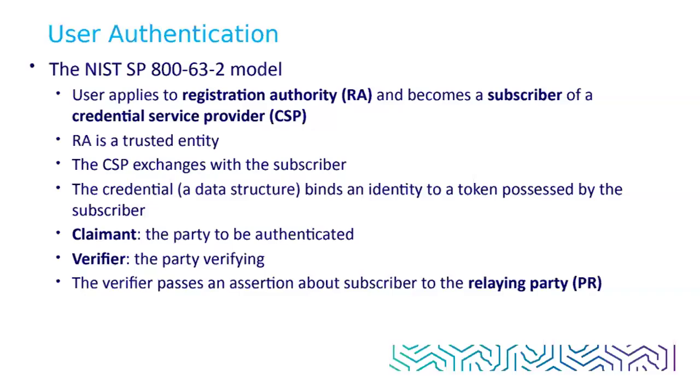Then the National Institute of Standards and Technology developed a model that explained how digital authentication works. Instead of involving only the user and computer, the model includes several trusted parties that work together to verify identities securely.